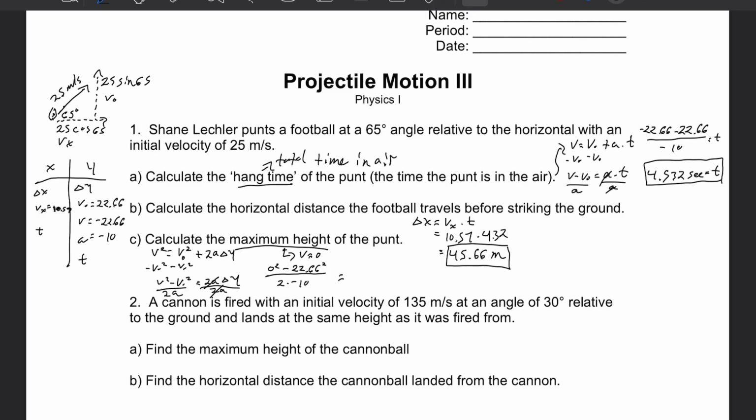So at the top we should get a negative 513.48 divided by negative 20. And our final answer would be 25.67 meters.